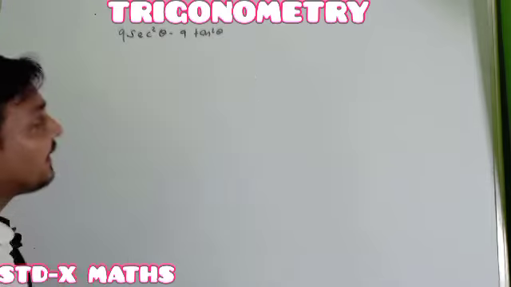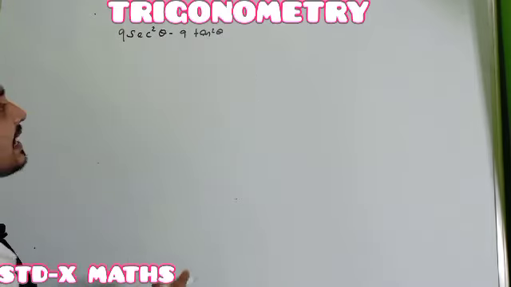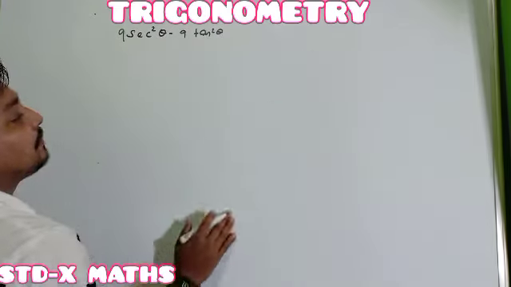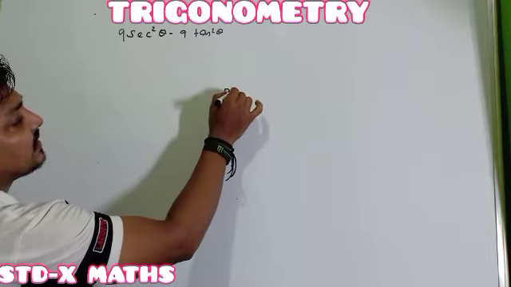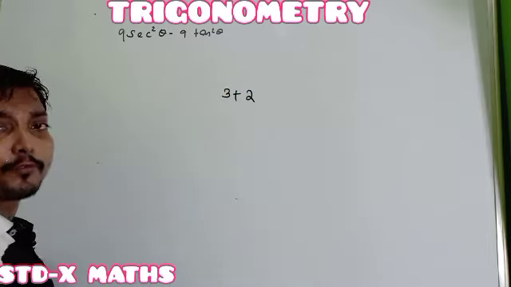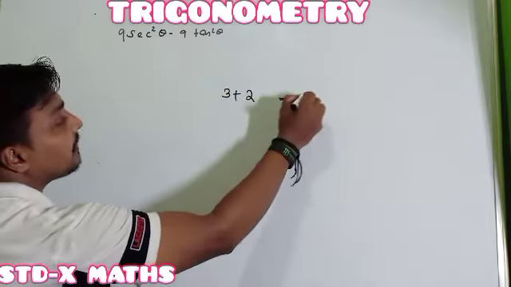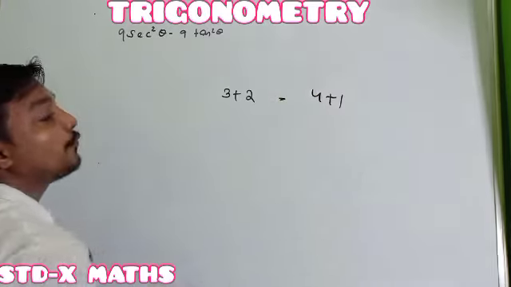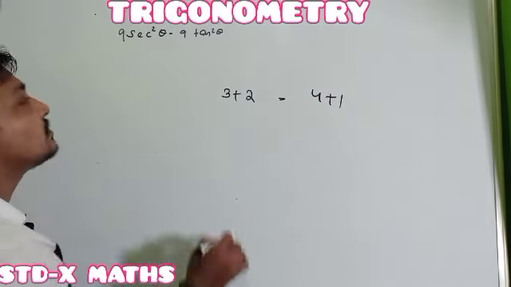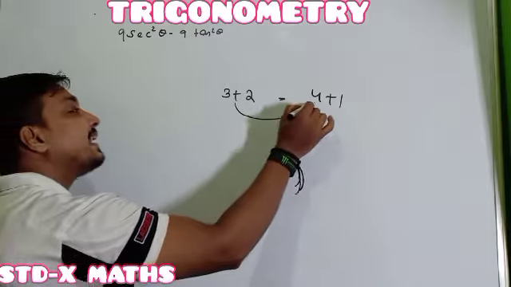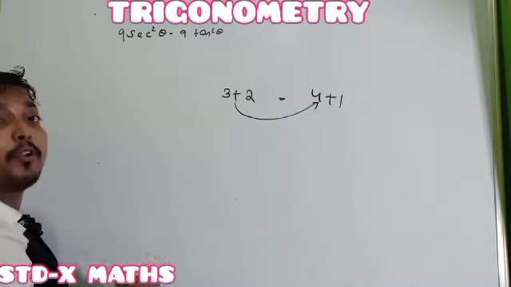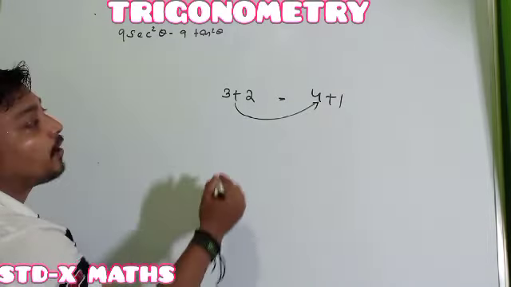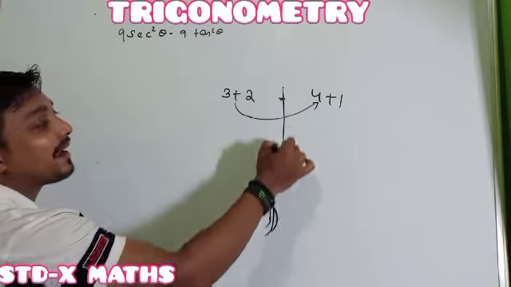Ready? And the last one is asked. If you are asked to prove something like this, suppose you have to prove 3 plus 2 equals 4 plus 1, and you are unable to prove it directly, then you have to do a separate proof.